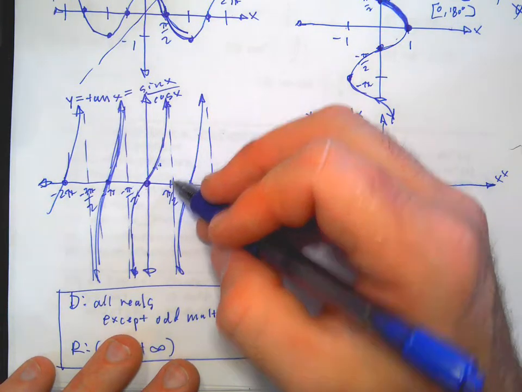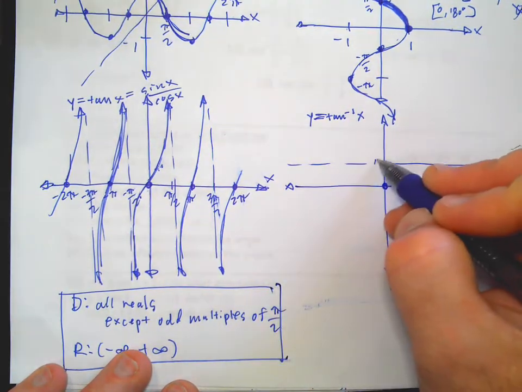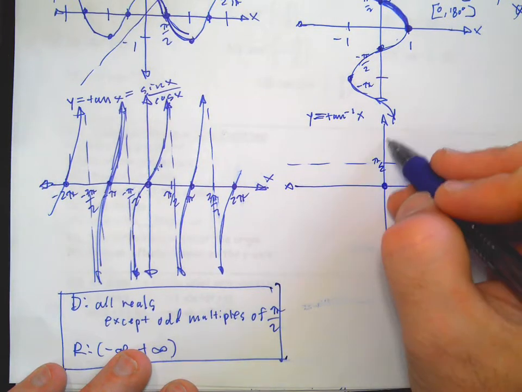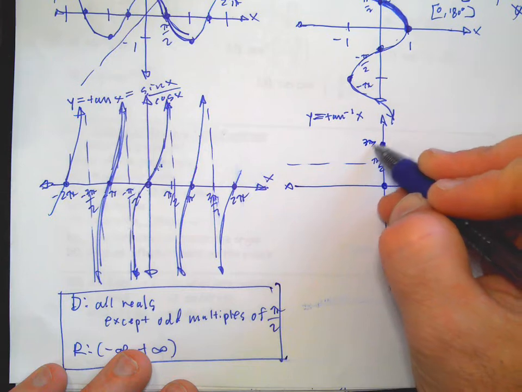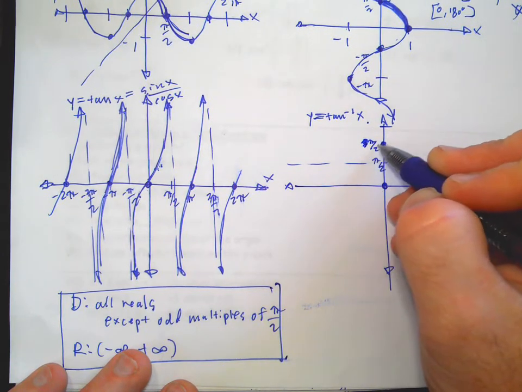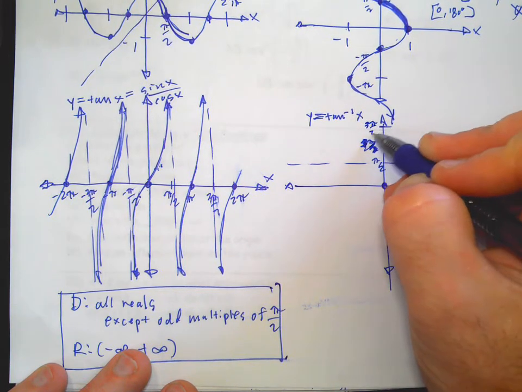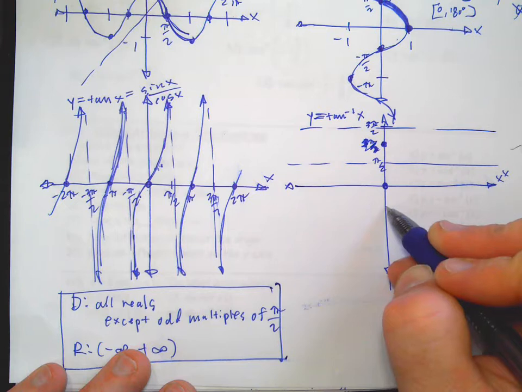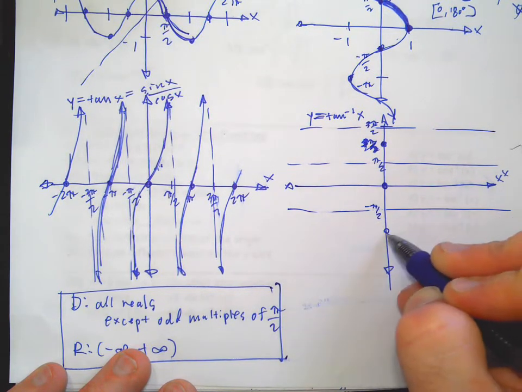Pi over 2 vertical asymptote is going to be a horizontal asymptote, right? And then at 3 pi over 2, you're going to get a y-intercept instead of x-intercept. And then at pi, and then 3 pi over 2, you're going to get another horizontal asymptote.